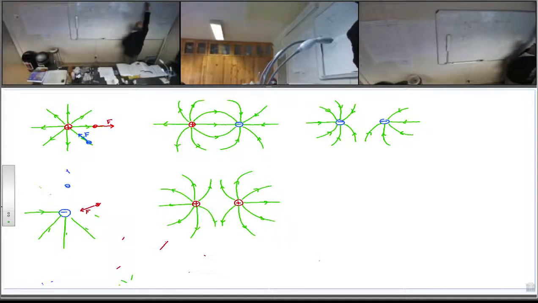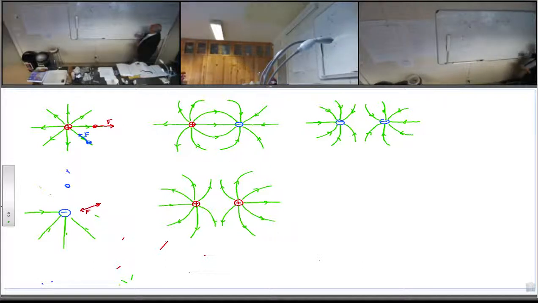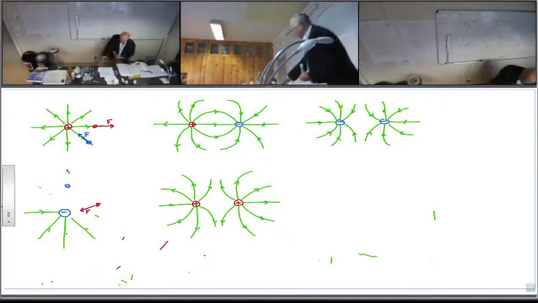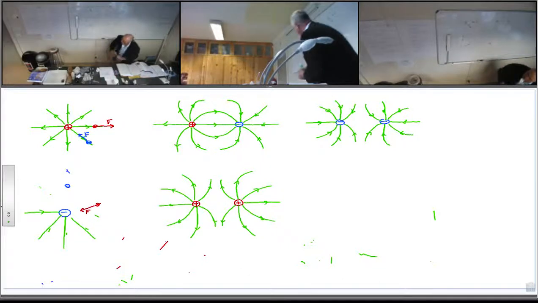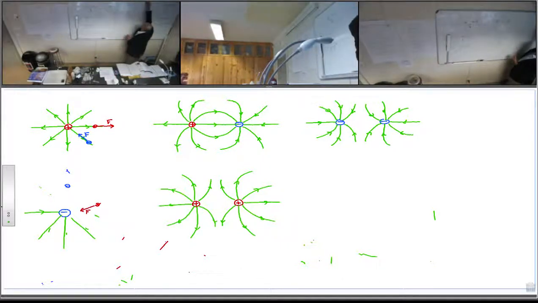Don't make life difficult for yourself. Okay. One line looks a bit dodgy. Right, happy?